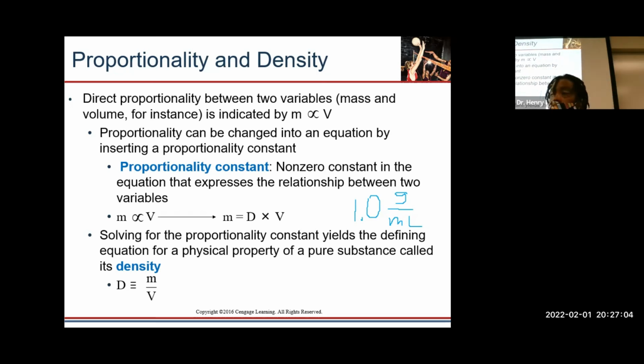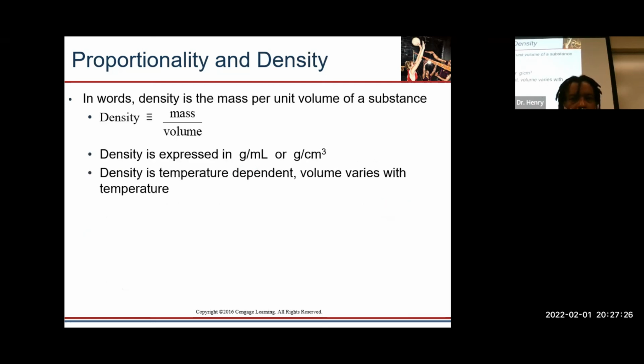It goes up directly proportional. So density is going to equal mass over volume. As I said, density is going to be a constant at given temperatures, because it's dependent on temperature. We often express density in grams per milliliter or grams per cubic centimeter, or occasionally grams per liter when we're talking about gases.